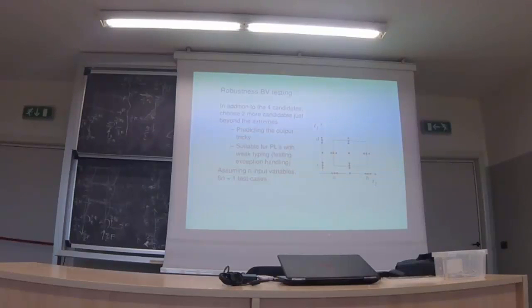It's tricky to predict which should be the correct output, but it's suitable for programming languages which have weak typing. Why? Because C and C++ have strict typing, but other programming languages have so-called weak typing.